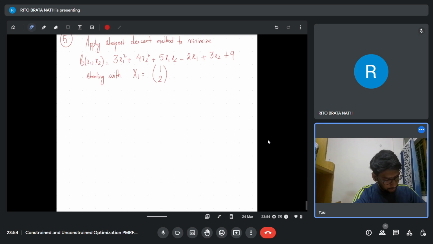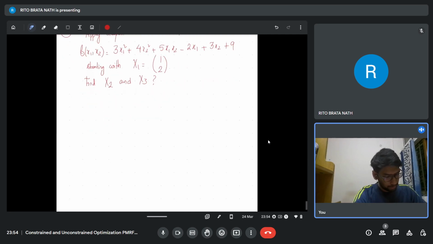Find x2 and x3. So there could be multiple options that are correct based on how many next points are being asked.